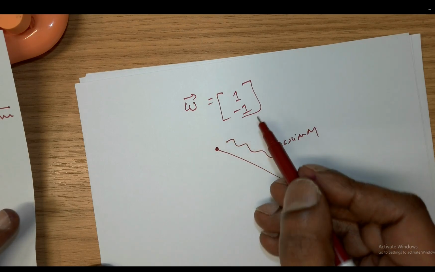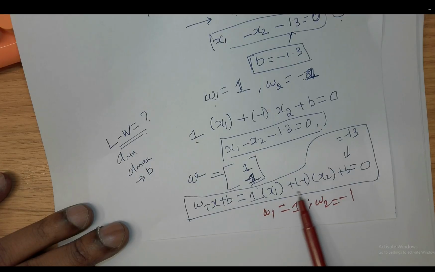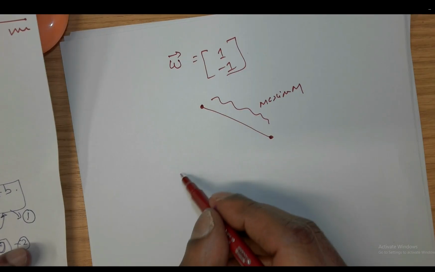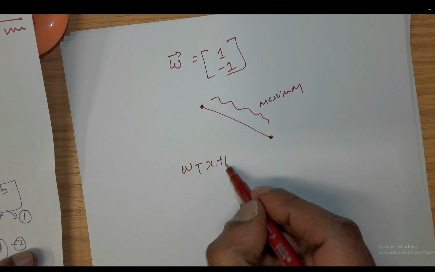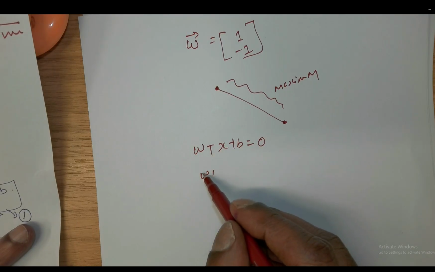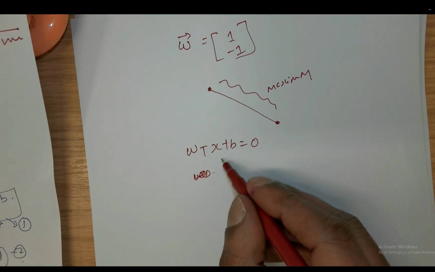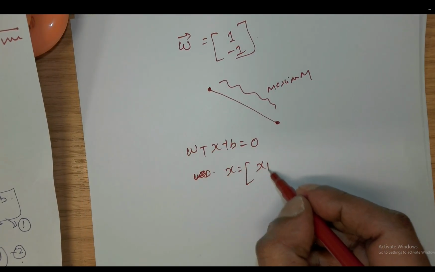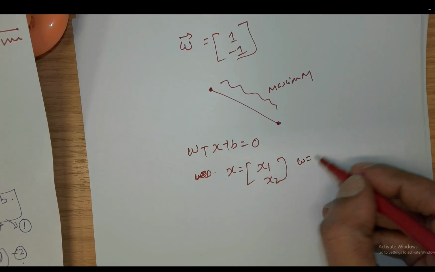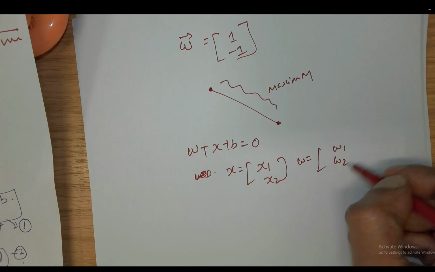I will, and then I can also prove that this corresponds to the equation of the hyperplane. So we know that equation of hyperplane is W transpose x plus B equal to 0. In this case, you have two dimensions. X is equal to x1 and x2, which means W should be equal to W1 and W2.